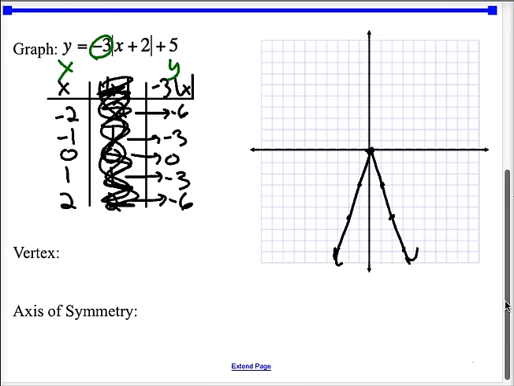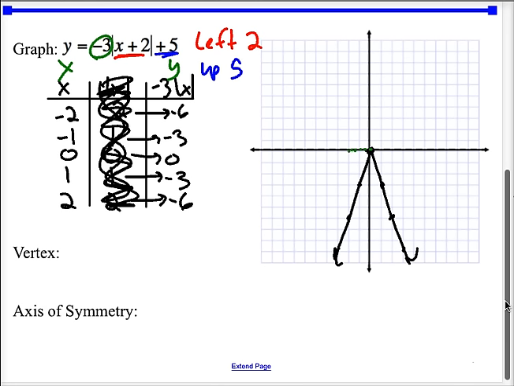Now I want to shift it. Let's take a look at how it's shifting. Horizontally, we see +2, and a plus there means left. Vertically, we're looking for just what we would expect, up 5. So let's start with the vertex.